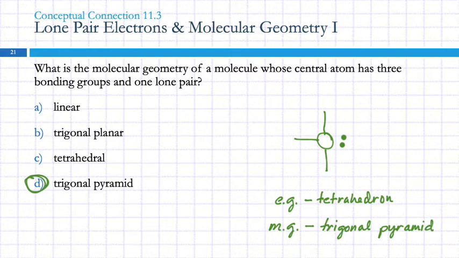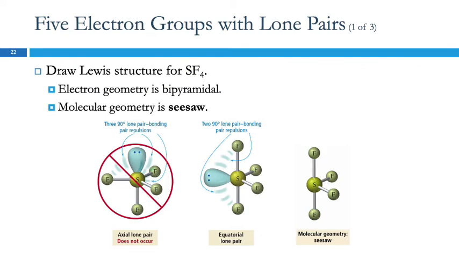Any questions? Five electron groups with lone pairs. So the Lewis structure for SF4, if you go through the steps, you should end up with this shape.